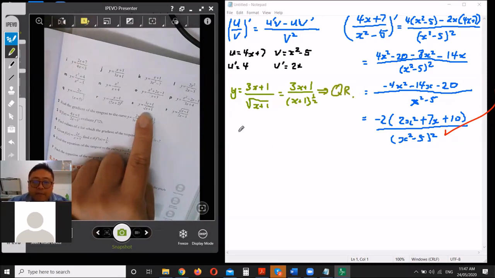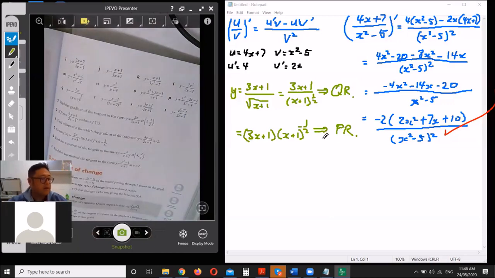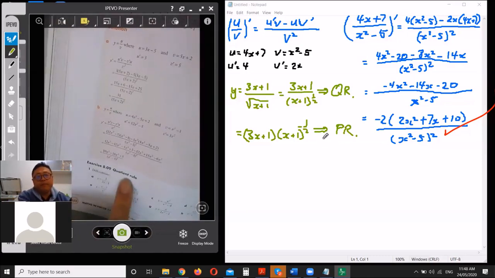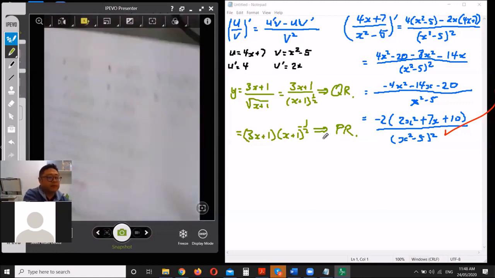But it can also be written as 3x plus 1 times x plus 1 to the power of negative a half, which you would use the product rule for. Both will give you the same answer. But given that this exercise is all about the quotient rule, I'll use the quotient rule method.